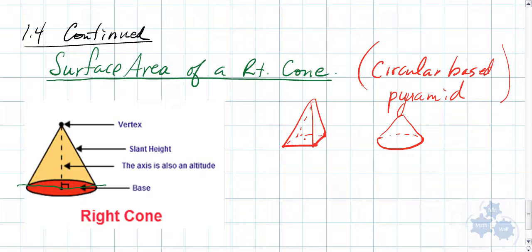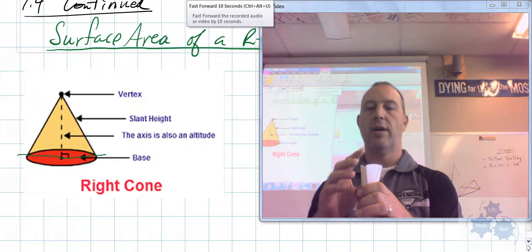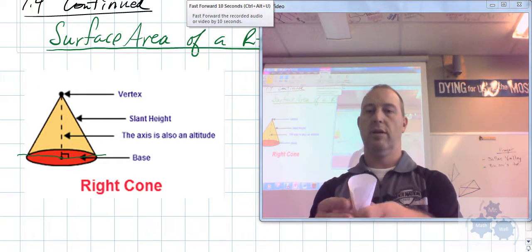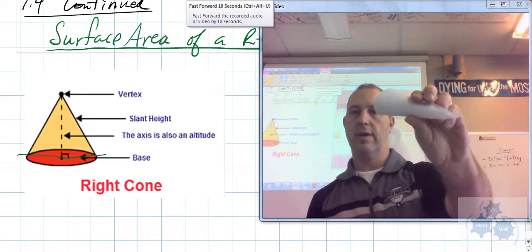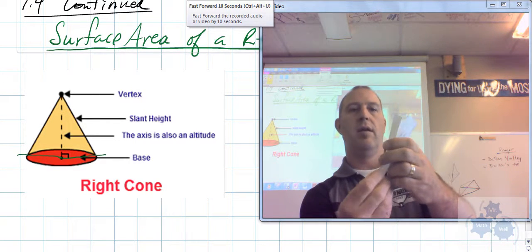I'm just going to fix it here for you, just so that it looks a little bit more like a cone. Okay, it's not real good, but here's my cone, like an ice cream cone, right? So don't look too carefully down there, because it kind of sucks a bit.